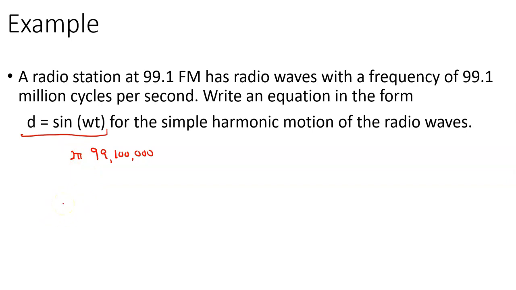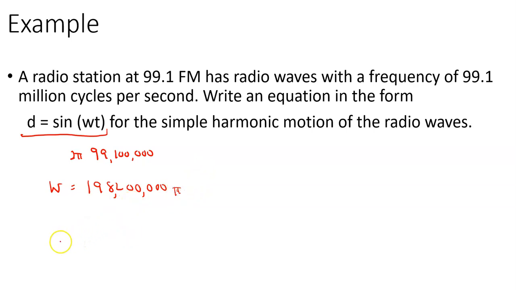So W was 99,100,000 times 2. Your W is 198,200,000. 198 million pi.